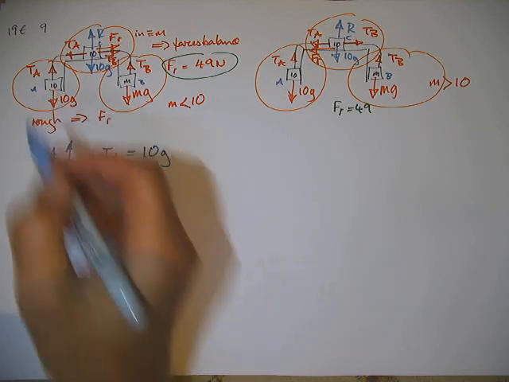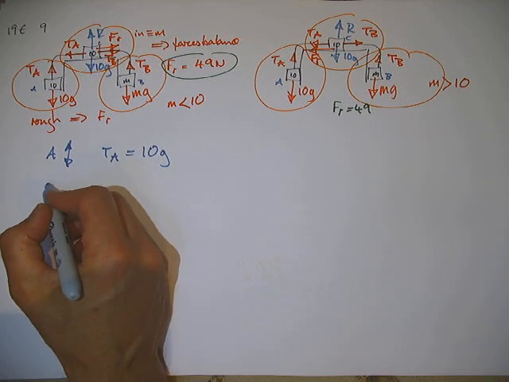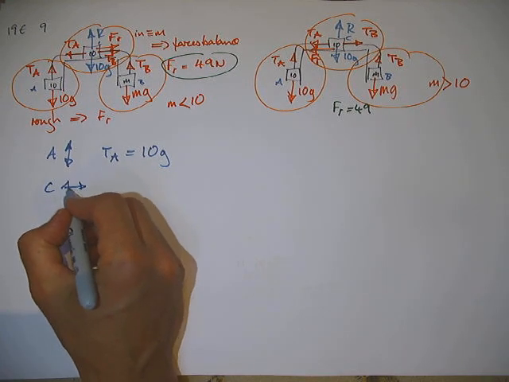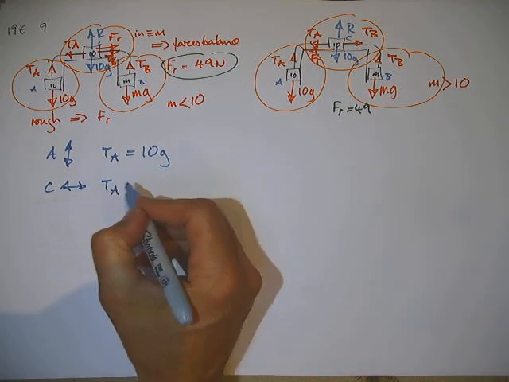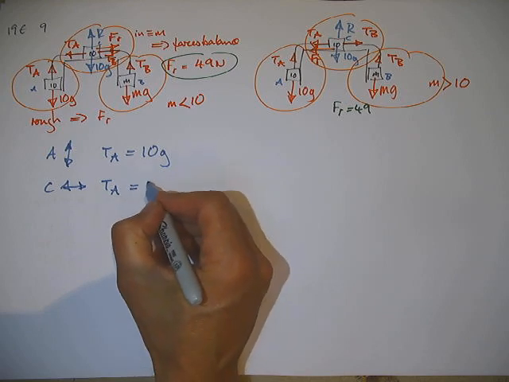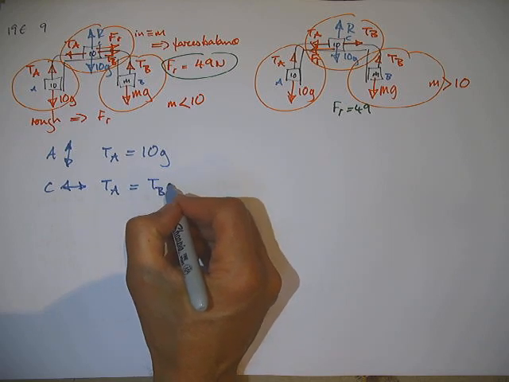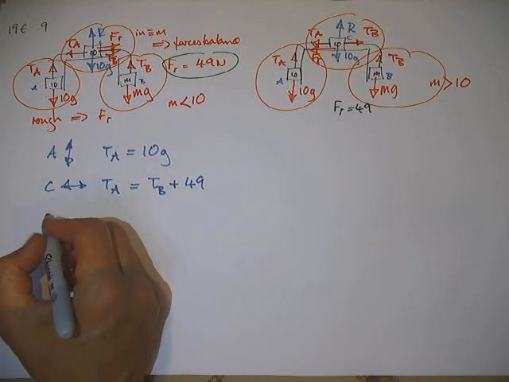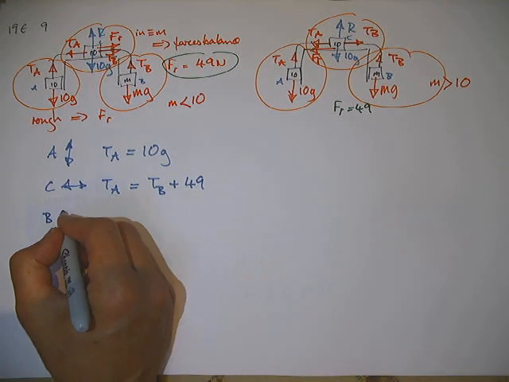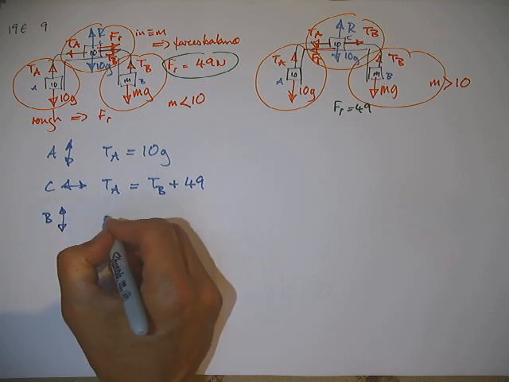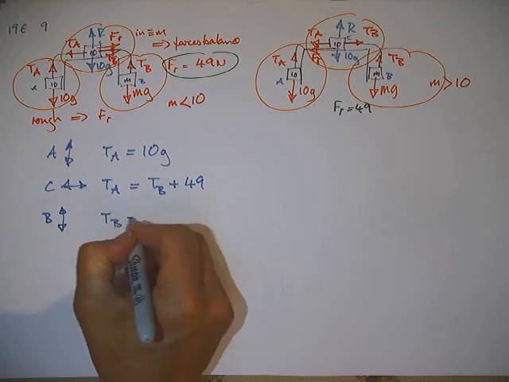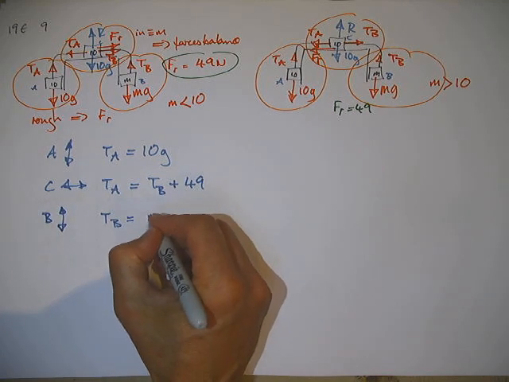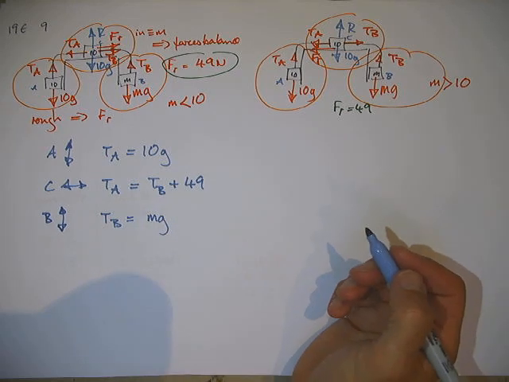So that tension is 10g. For C working that way, TA is balanced by TB and the friction of 49. For B acting that way, TB is mg.